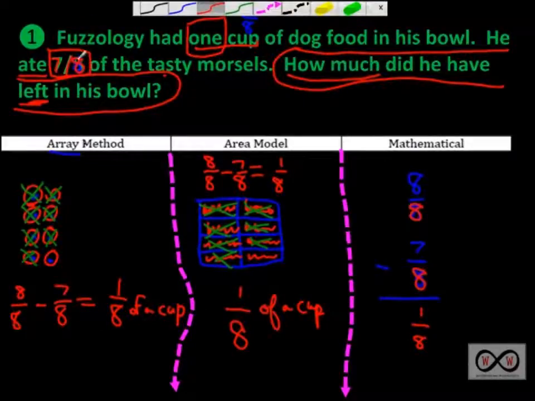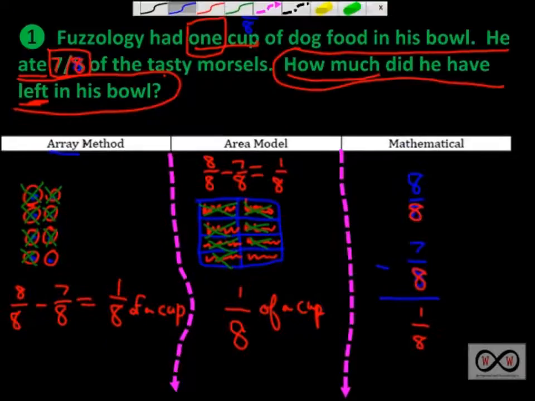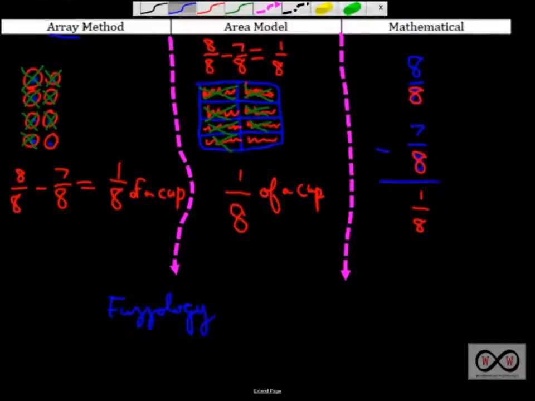And let's put it in a complete sentence. And I'm going to move this down just a little bit. Let's see what if we answer this question. How much did he have left in his bowl? All right, let's answer that question.